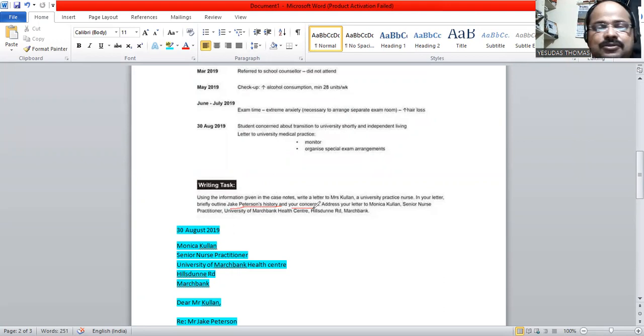Those concerns also should be expressed in the letter. So these two things are to be included in the letter. You have some time to look at the case note again.